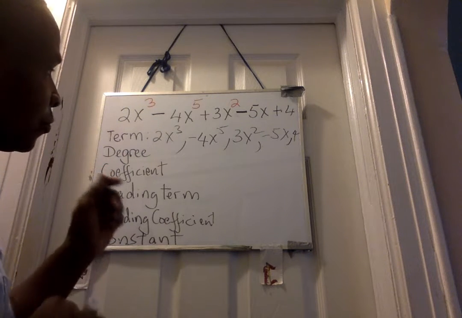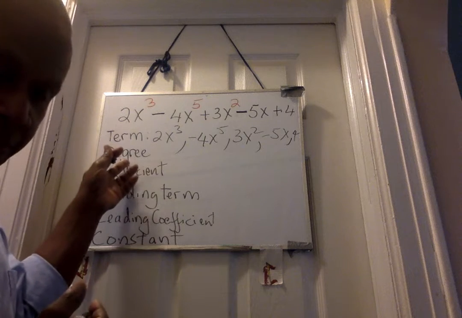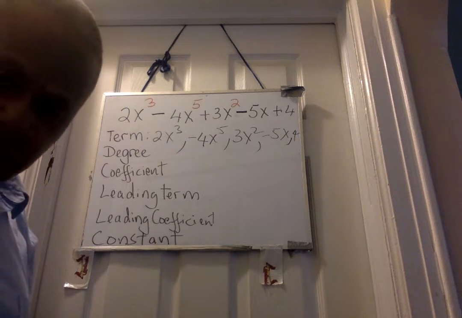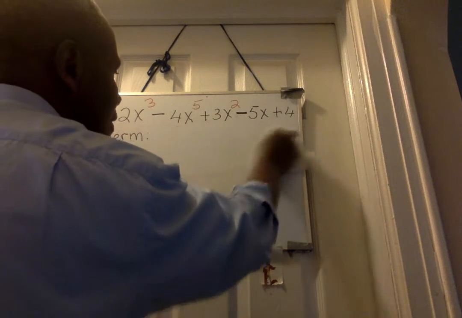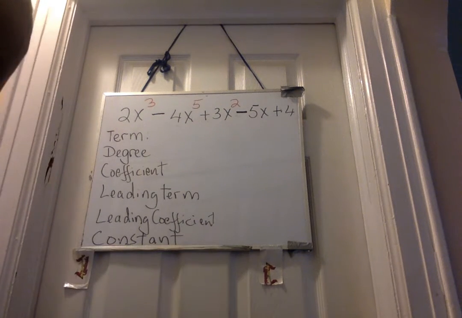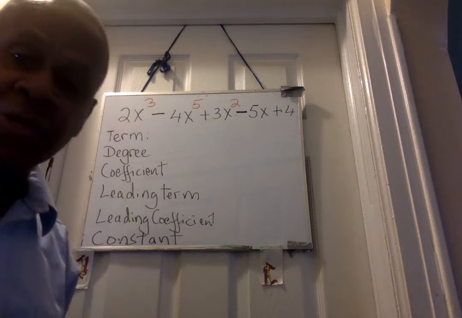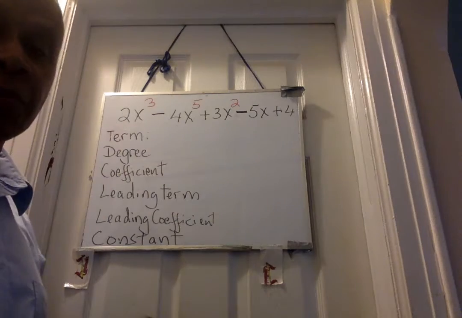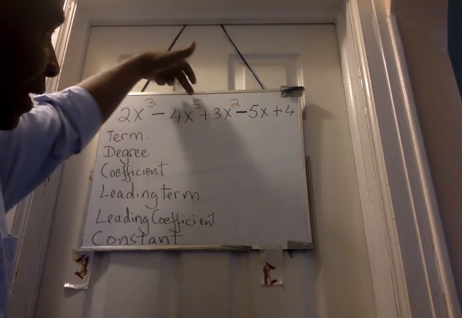Okay? So now that we've dealt with the terms, we're going to go to the degree. What is the degree of a polynomial? The degree of a polynomial is the highest exponent in that polynomial. The highest exponent is the one that is in red.